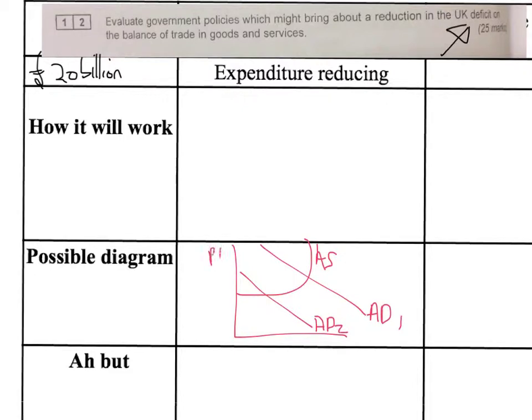I won't bother labelling it all, but with this policy, the price goes down, but output in our economy goes down loads. So the idea of this policy is, if we reduce AD, at least people in the UK won't buy as many imports. So if they're not buying as many imports, that'll be better for our trade balance.